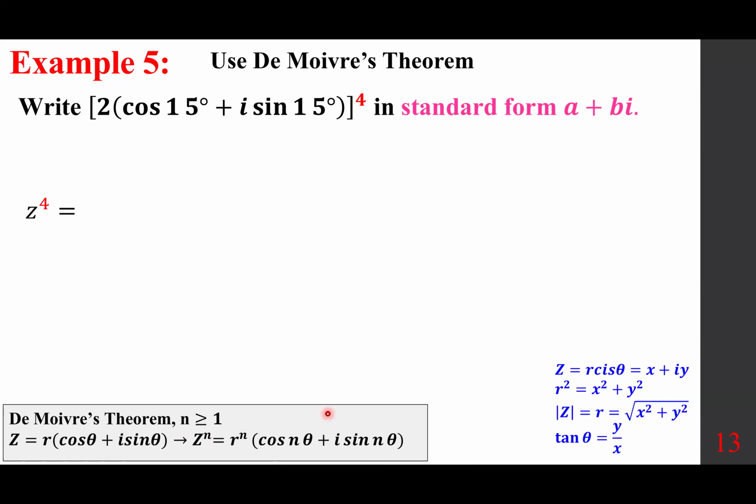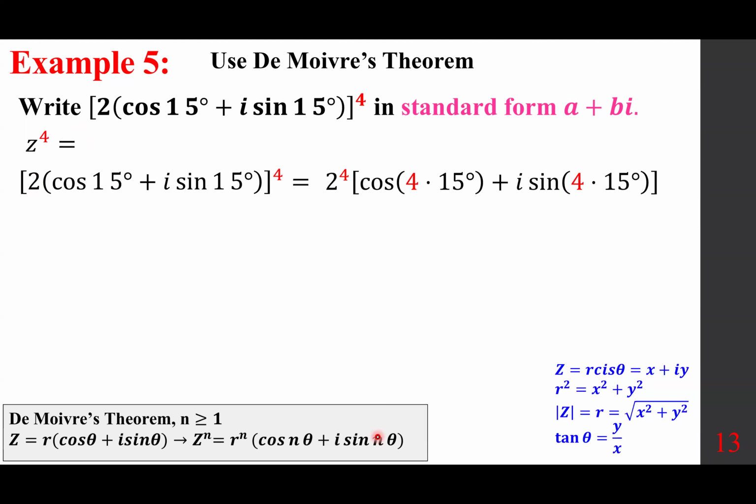So first, let's just write it the way it is. This to the power of 4 means we're going to raise 2 to the power of 4, and we're going to multiply the argument by 4 according to this formula.